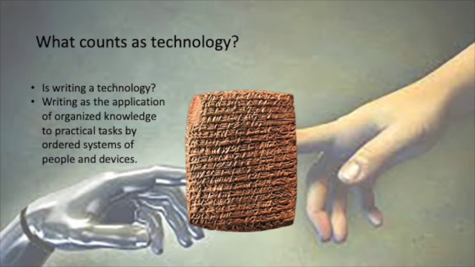The clay tablet and the stylus do not amount to the technology of writing. Human beings, long before writing, had made marks on clay. What was different about the cuneiform tablets, to paraphrase Ian Barbour, was the application of organized knowledge to practical tasks by ordered systems of people and devices.